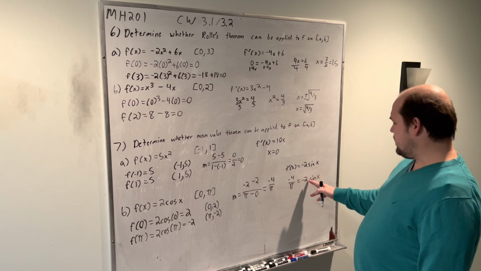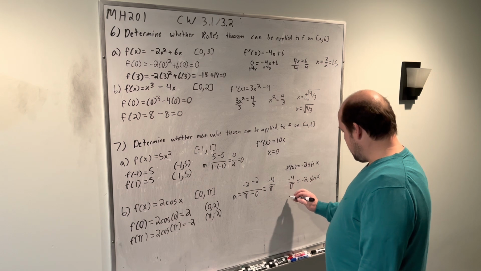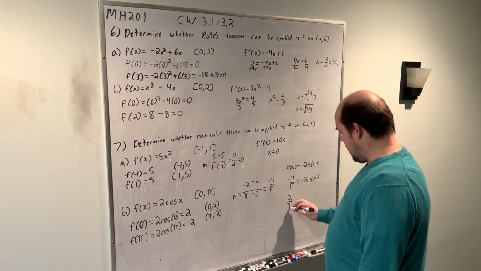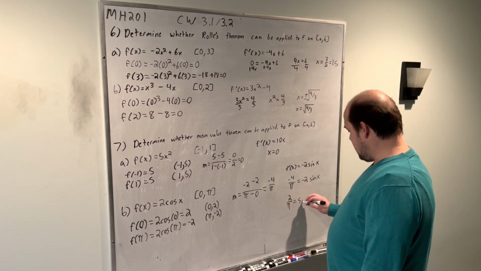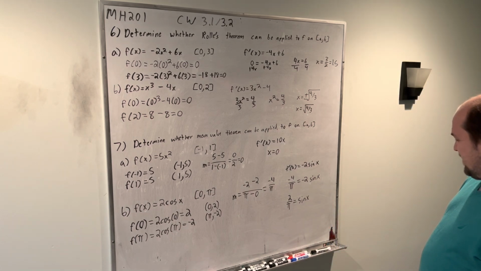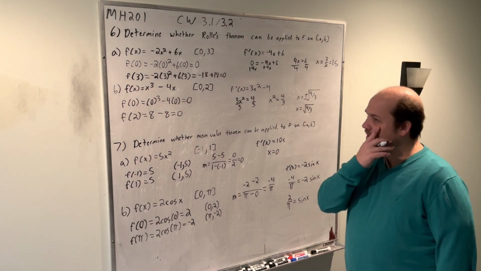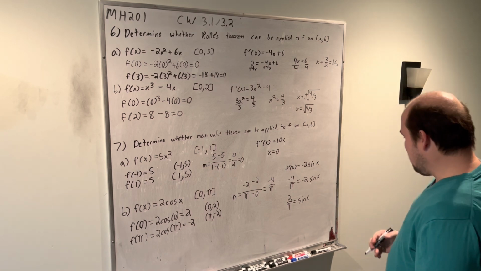But you know what? Let's just divide both sides by -2. So if I divide both sides by -2, I get 2 over pi equals sine x. And this really doesn't feel right. It should be pi over 2, right? 2 over pi. I guess you would have that value for sine x.